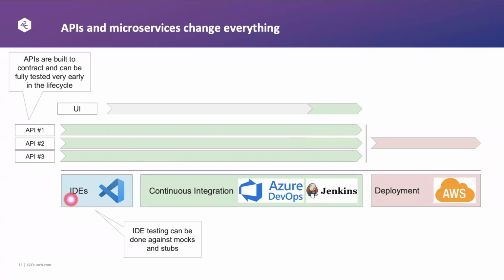We can do that in the IDE right up front against those APIs as we build them out, right? So this really flips that model on its head. We don't have to wait until we've got a more or less complete and fully built piece of software. We can get working straight away, testing.